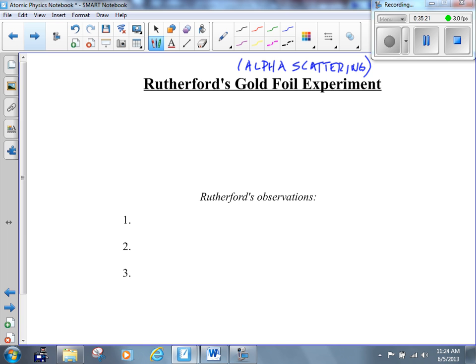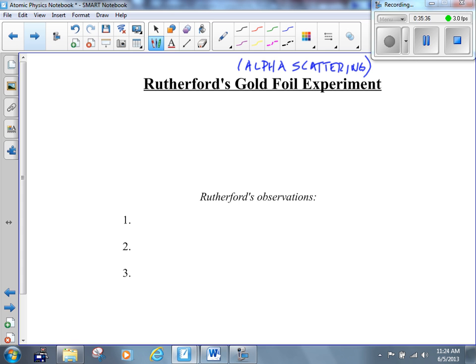Rutherford comes along with a couple of assistants, Geiger and Marsden. Geiger, same guy who was the Geiger counter, and performed an experiment that took the model of the atom a huge step forward.